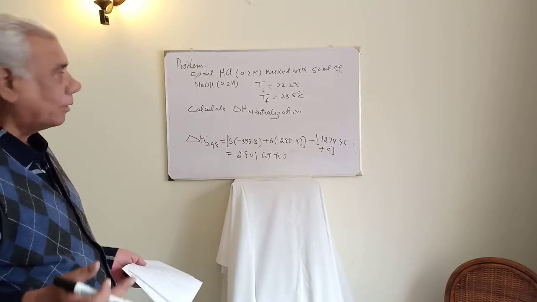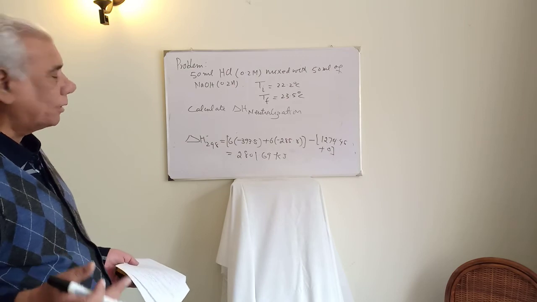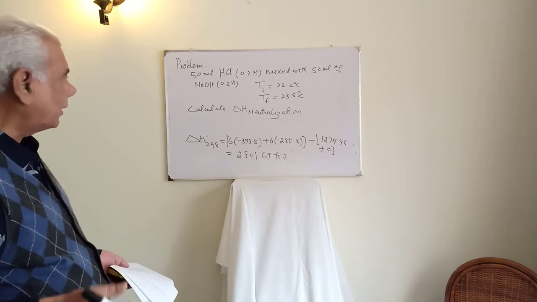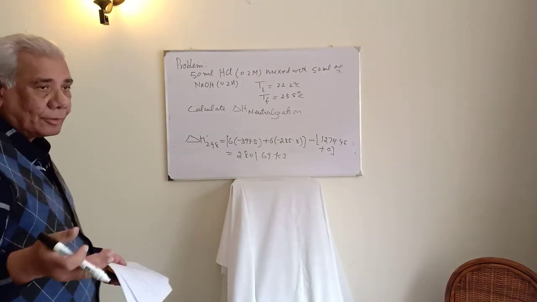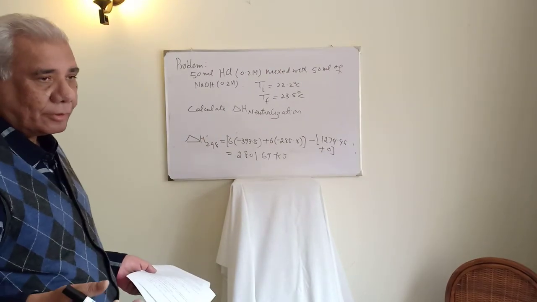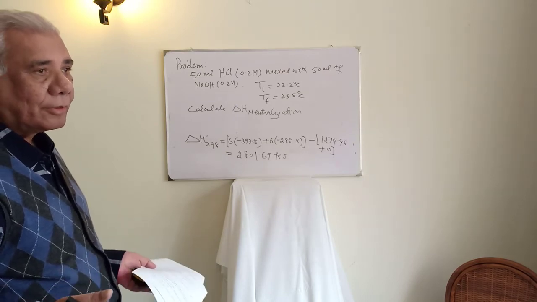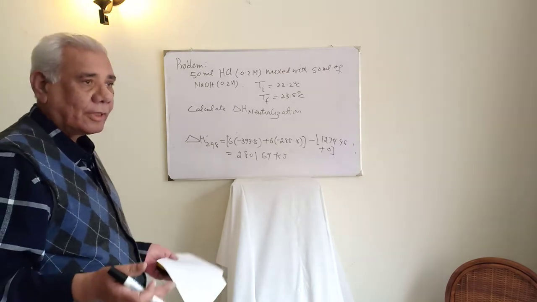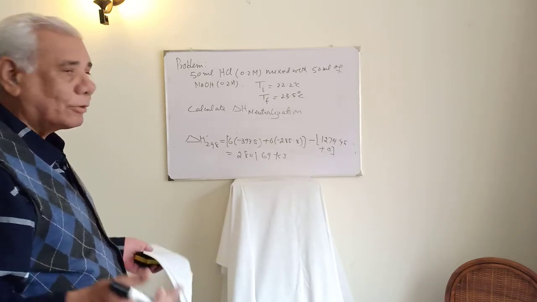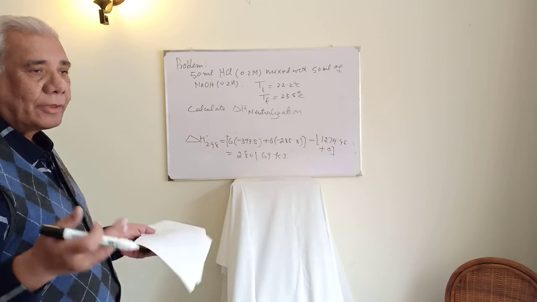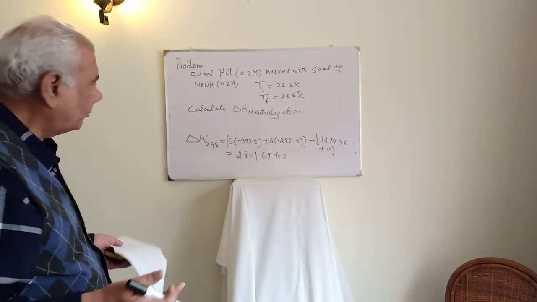On mixing, the final temperature rose to 23.5 degree centigrade. So we have to calculate the heat of neutralization. This reaction has been carried out in the laboratory at 1 atmospheric pressure. So P is constant. So what are we measuring? We are measuring the enthalpy change of the reaction, right?